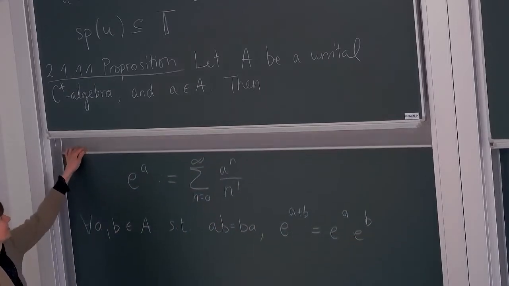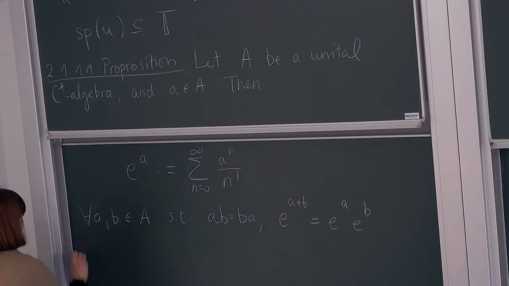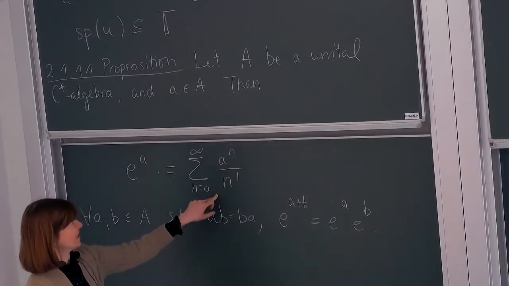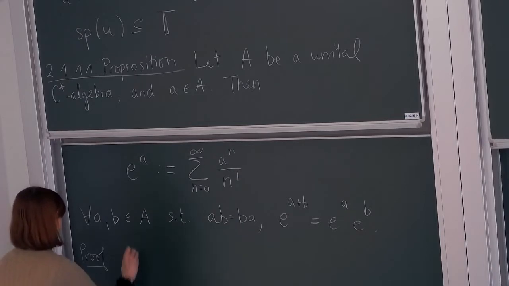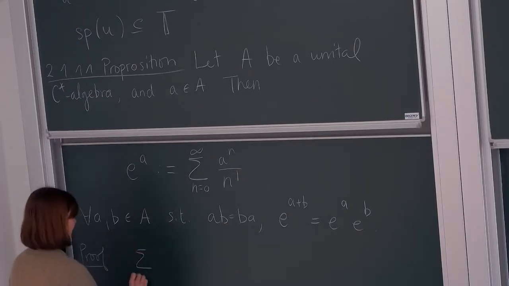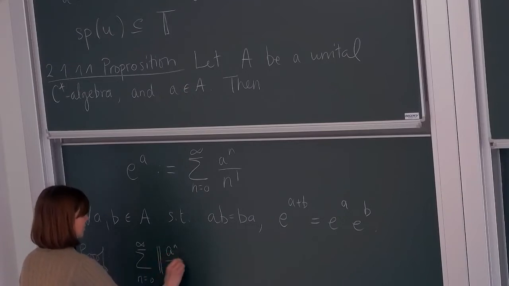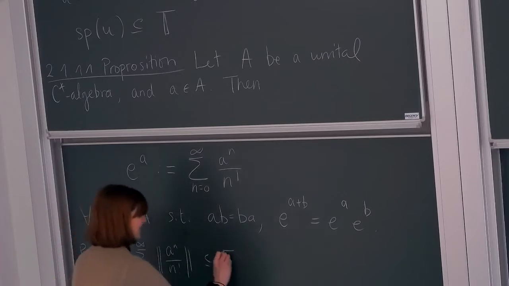Okay, so proof. Well, the first observation is that this is indeed a well-defined element in our C-star algebra, and that's because of the submultiplicativity of the norm.